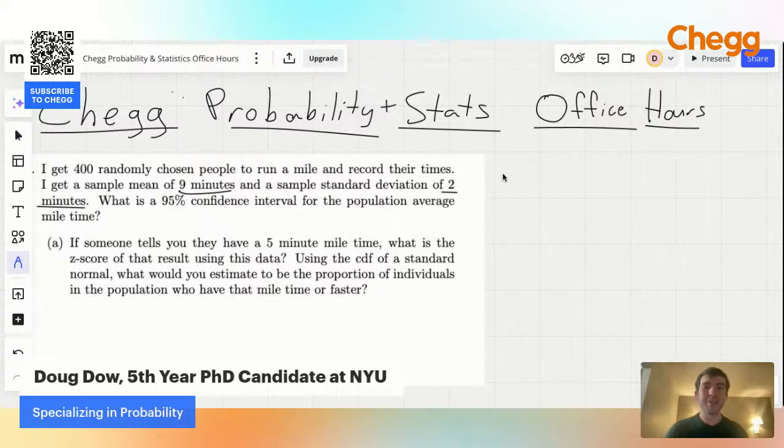I'm just going to write down some notation first. That's pretty common in statistics. So the sample mean, often we're going to write that as x bar, and that's 9 minutes.